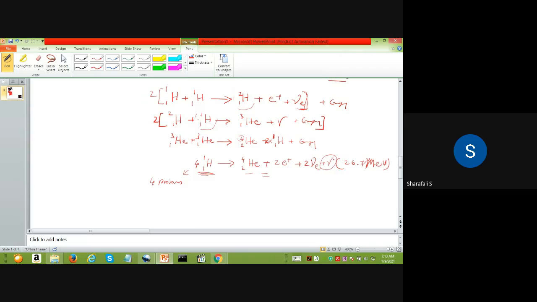Because this gamma will carry this much energy. This gamma and these particles mainly. Helium will have only a very small fraction of that. So this energy will be carried out through the photons which are coming.